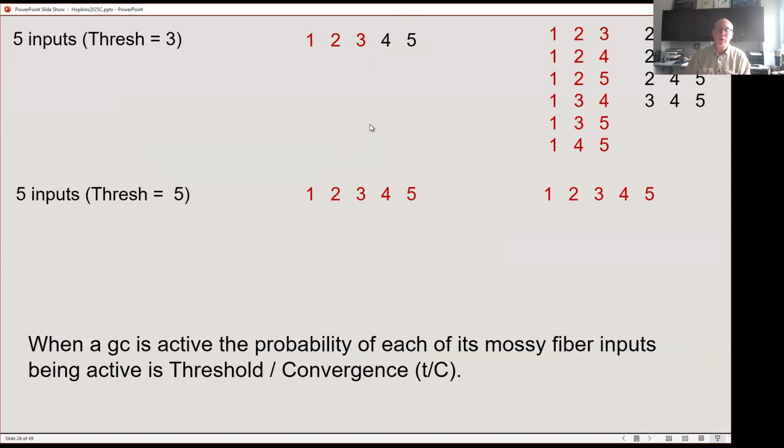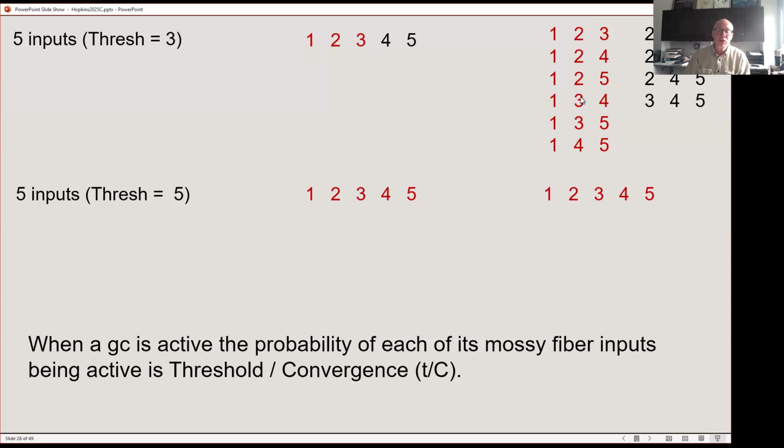And then I literally laughed out loud when all of the terms started to cancel and I realized that the answer is that, under those circumstances, each mossy fiber, given this granule cell of convergence 5 and threshold 3, has a 6 in 10 chance of being active. And I've just kind of shown you this here.